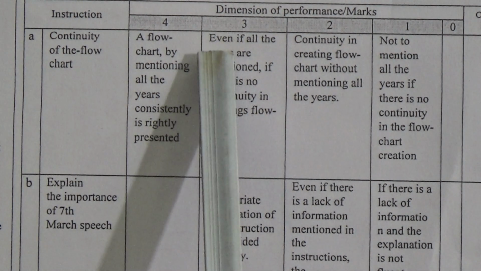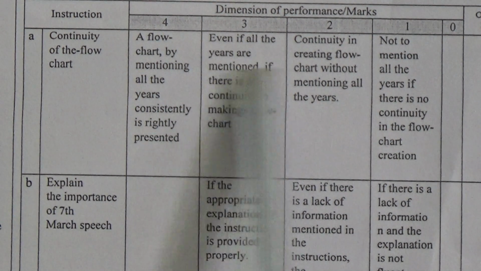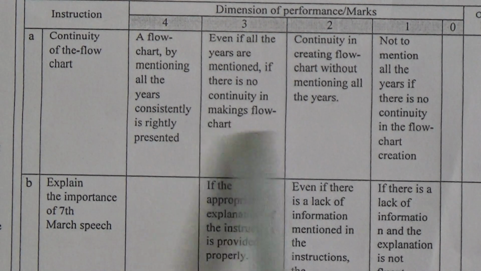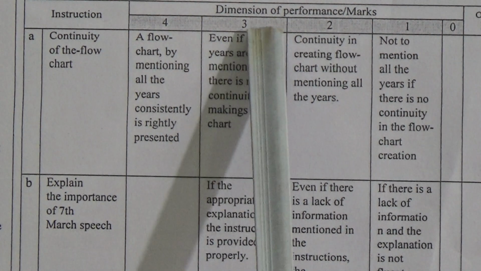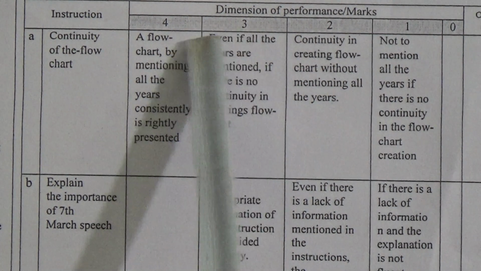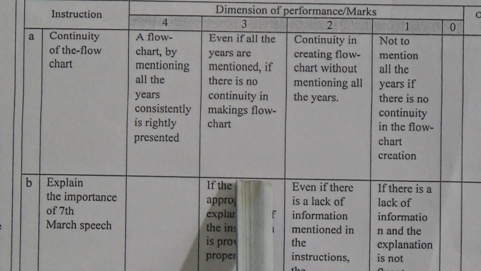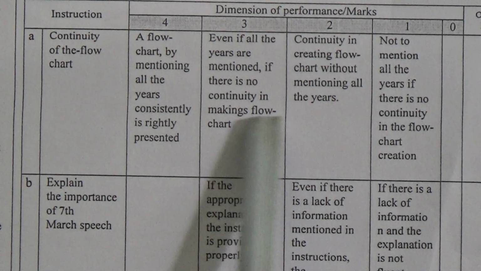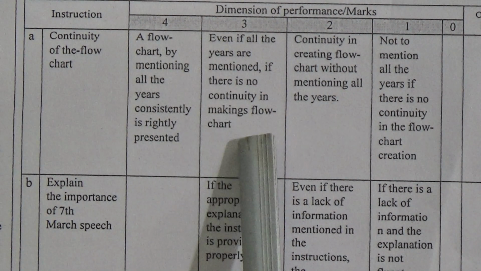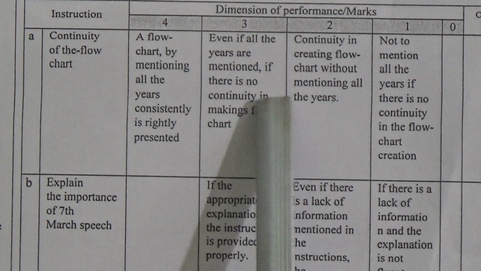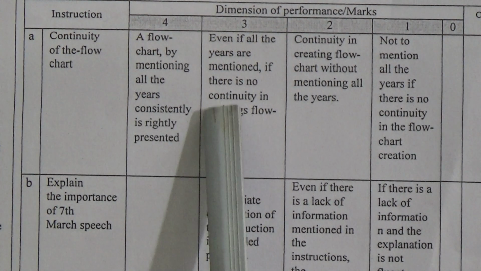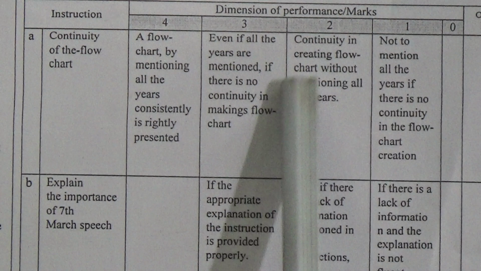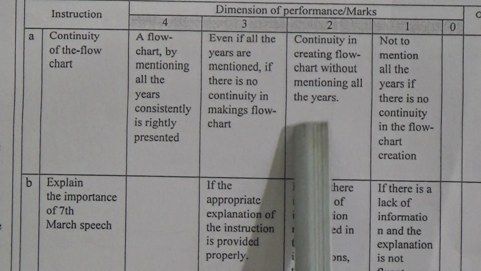Secondly, even if all the years are mentioned, if there is no continuity in making the flowchart, then you will get 3. If you mention all the important years before our liberation struggle but don't include them with continuity, you will get 3. Thirdly, continuity in creating the flowchart without mentioning all the years.